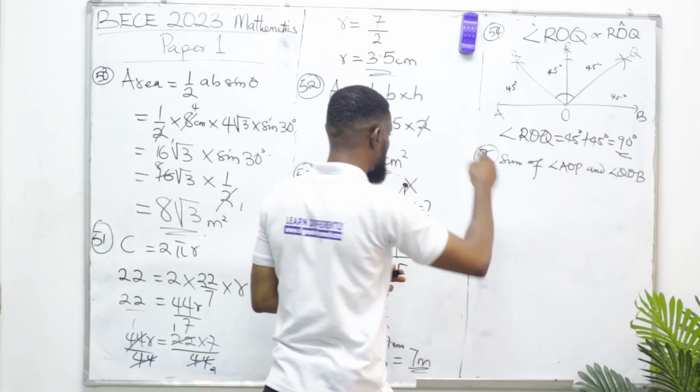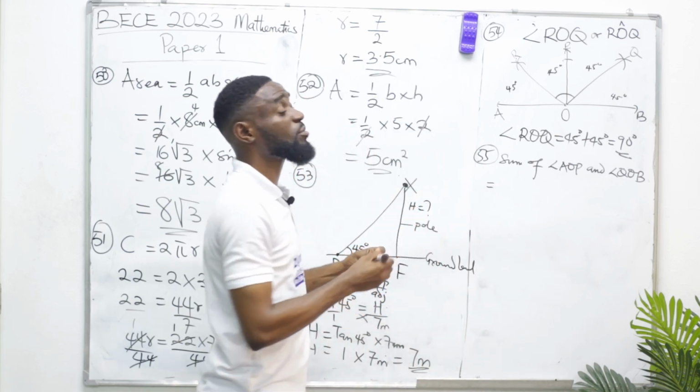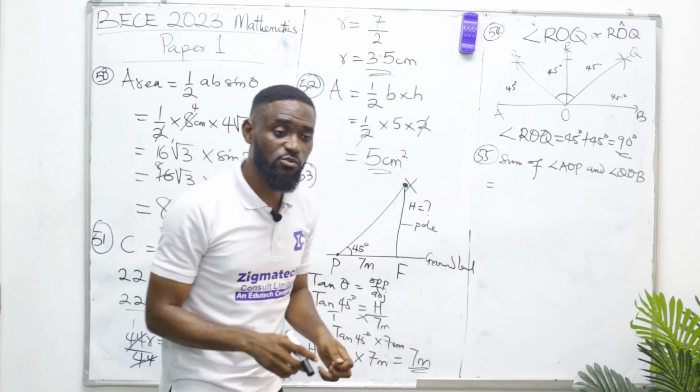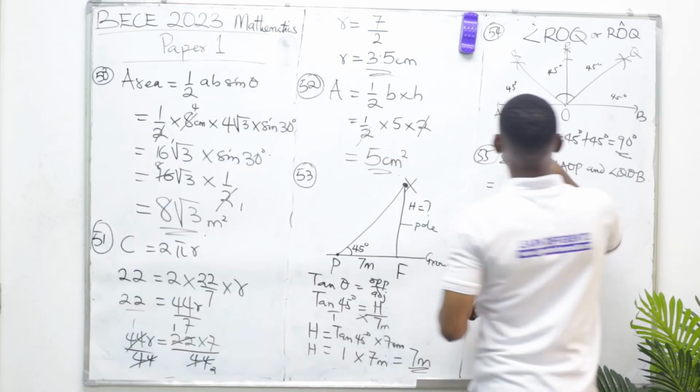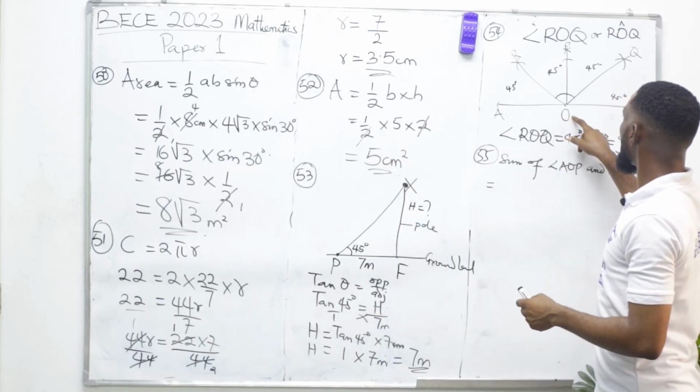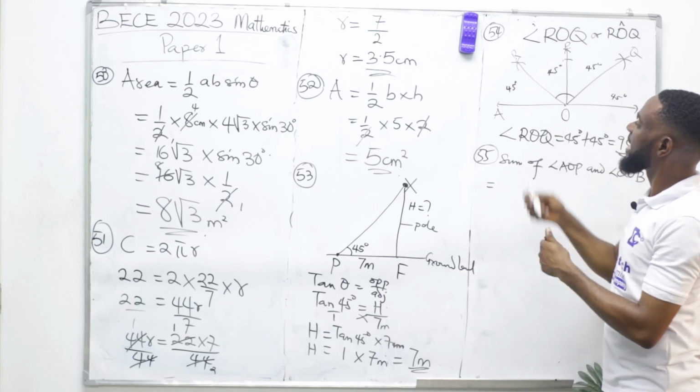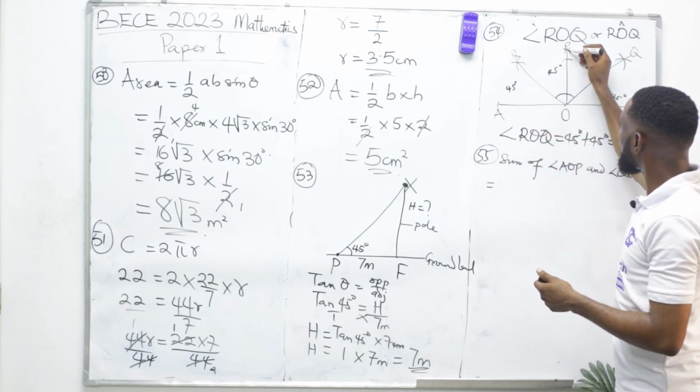So let's look at that. They say the sum of two angles now. The first one is AOP. Now, AOP is talking about this angle.